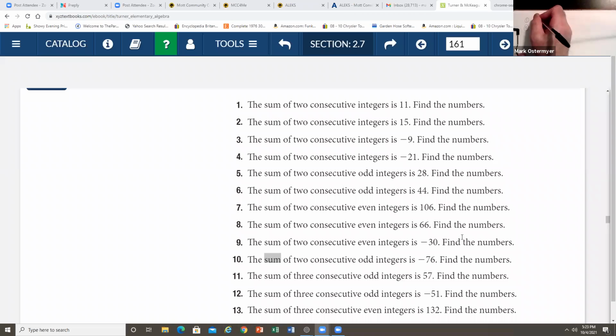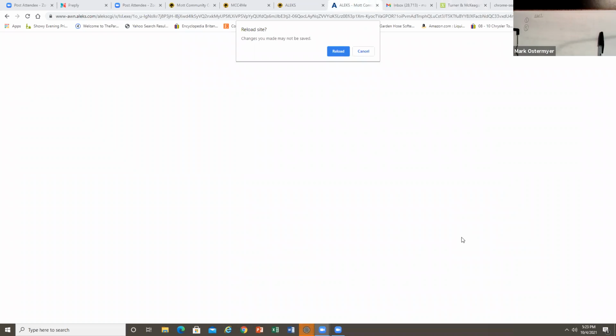We'll call this classwork number 1. Problems 1 and 5 here. See if you can do those problems. Number one says the sum of two consecutive integers is 11. Find the two consecutive integers. Number five, the sum of two consecutive odd integers is 28. Find the two consecutive odd integers. See if you can do that problem.